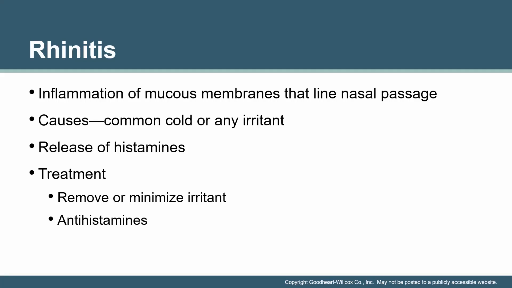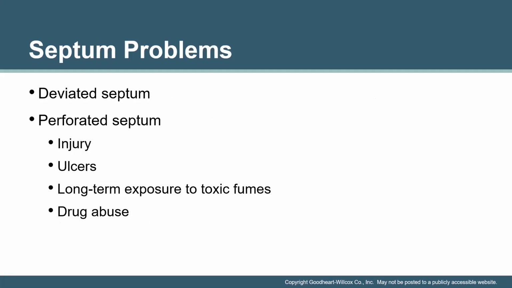Histamines are chemicals produced naturally within our body, within some of your white blood cells, and also a cell called a mast cell, that release histamines in order to bring blood flow to the area. If we bring blood flow into an area, we vasodilate, it will become inflamed and irritated, but we do that so we can fight any infection that's there and clean up any debris and make sure the tissue's taken care of. So antihistamines might be a treatment for rhinitis, or something to bring down the histamine response.